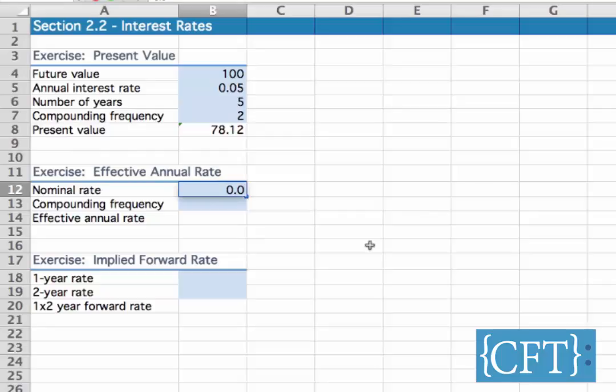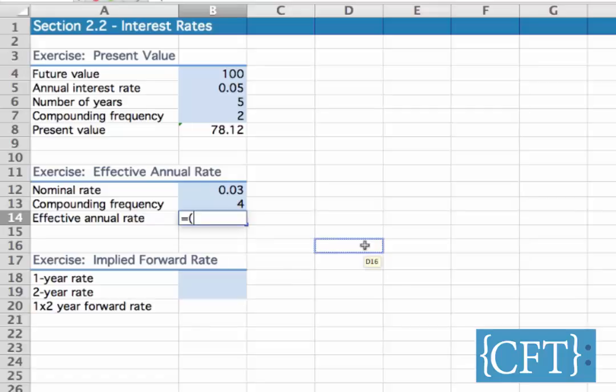Using the rate of 3% per year with a compound frequency of 4, we know that in order to calculate the answer, we have to take the nominal rate, take into account the compounded frequency, and work out what actual or effective return we would have earned had we earned the nominal rate at that compounding frequency.